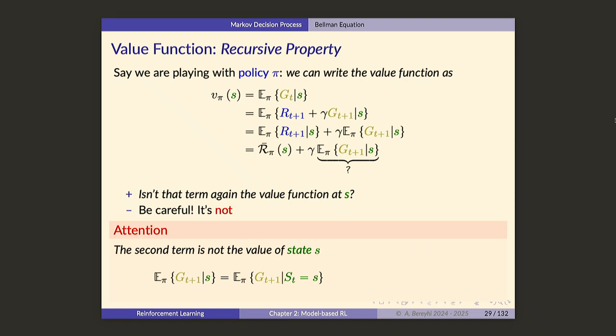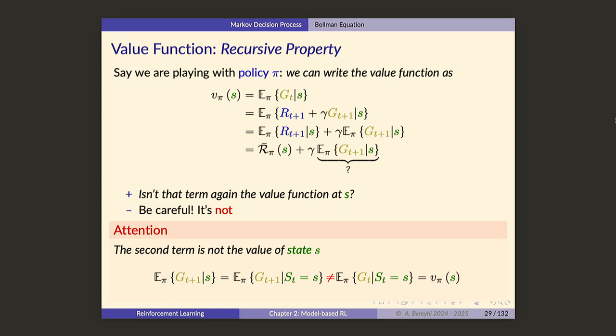So you're skipping one time step. The value function at a state S is the future reward from that time, given that you are in state S. So you see the difference: there is one time step that you're skipping.